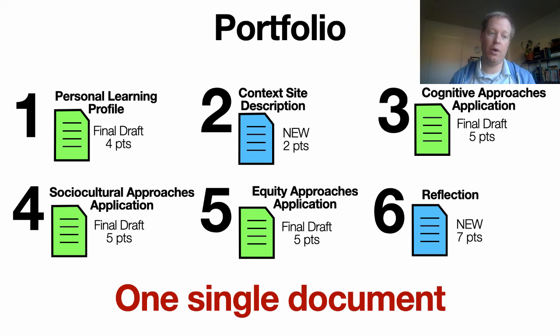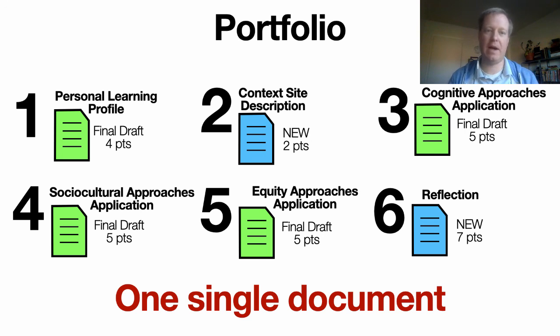You probably won't want to do your personal learning profile revision until after we've gotten most of the way through the equity approaches paper. But as soon as we finish the equity approaches paper, you can start to work on everything else. That would be fine, because then you're only waiting for feedback from me on the equity approaches paper.